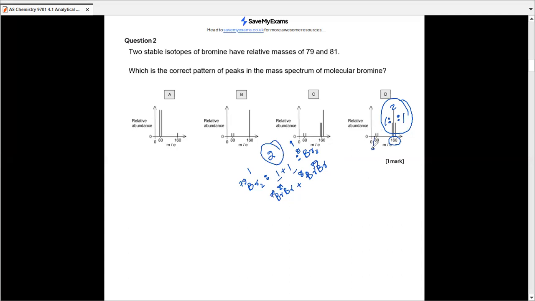Again, this is 79 and this is 81. So this part is correct in all these three. This is wrong. There can't be a single peak because there are two atoms. Wrong. There can't be peaks with 1:1:2. That is also wrong. This is the only one that is correct. Perfectly correct from start to end.